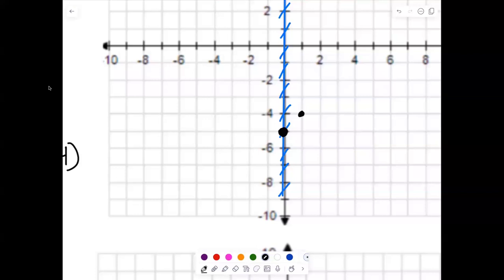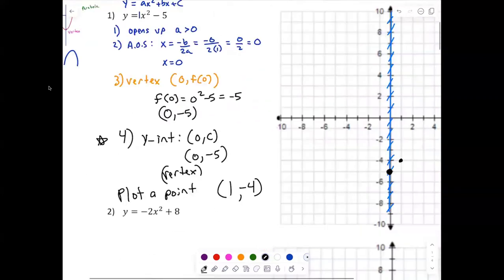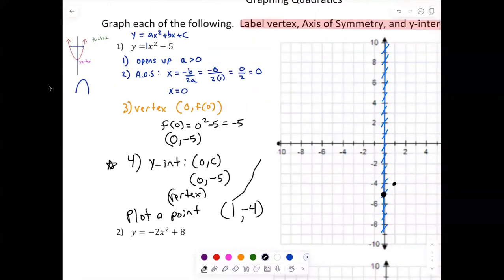Now, using the axis of symmetry. All I did was I plugged 1 into the equation. What's 1 squared? I'm listening.